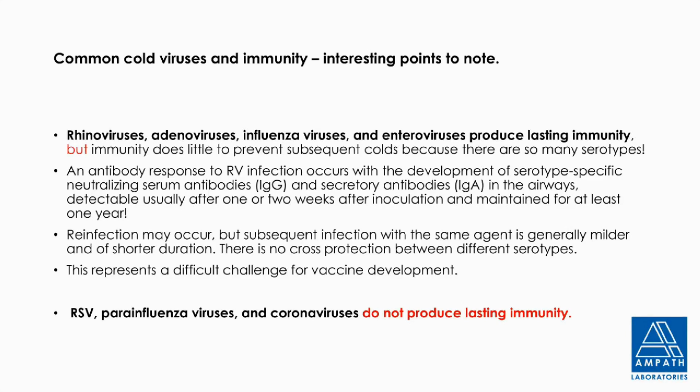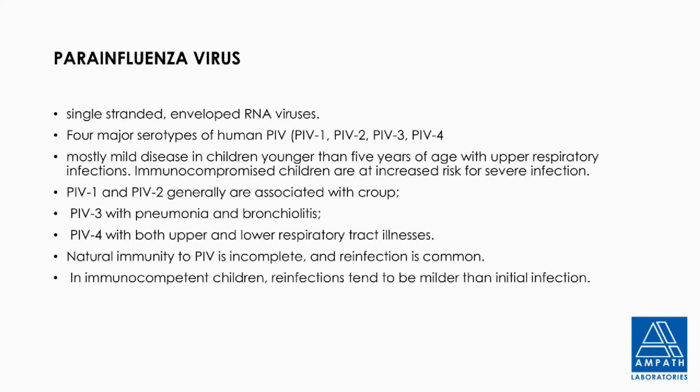With regards to your rhinovirus and your parainfluenzas and your common cold coronaviruses, those are of importance in that they do not produce lasting immunity. So there's a slight variation in that.